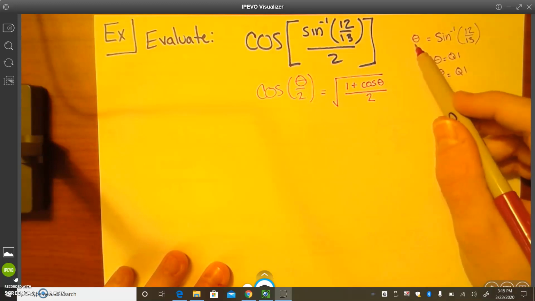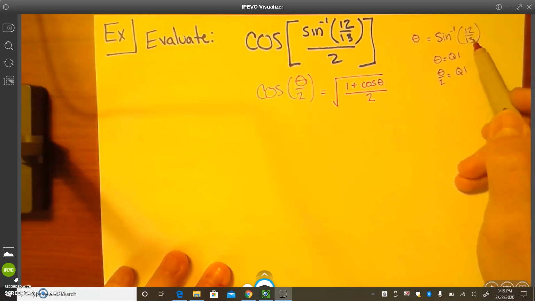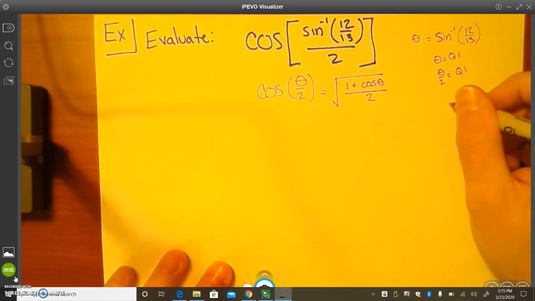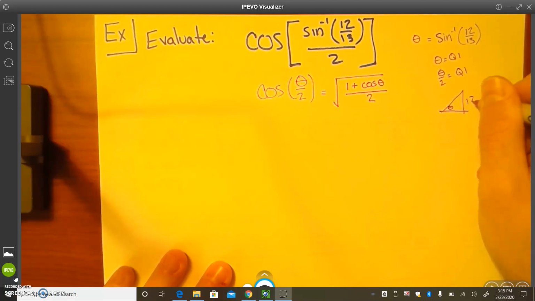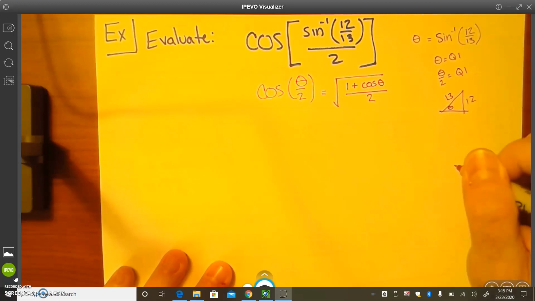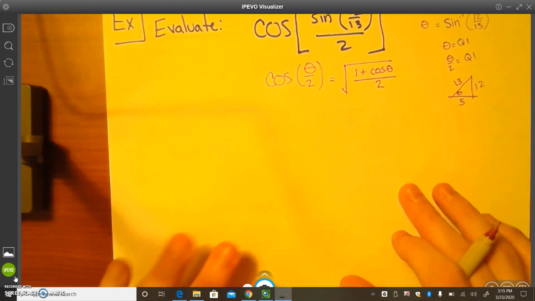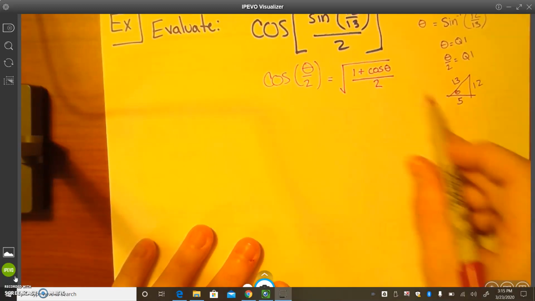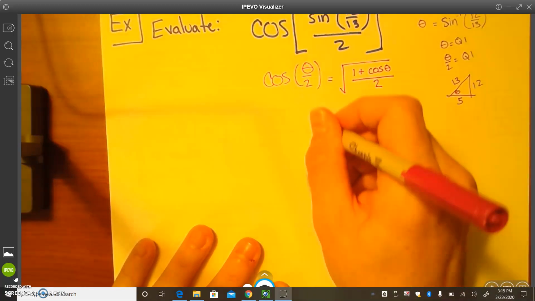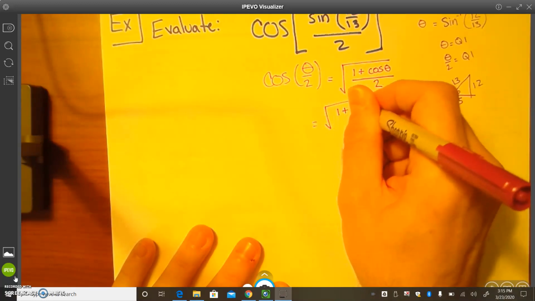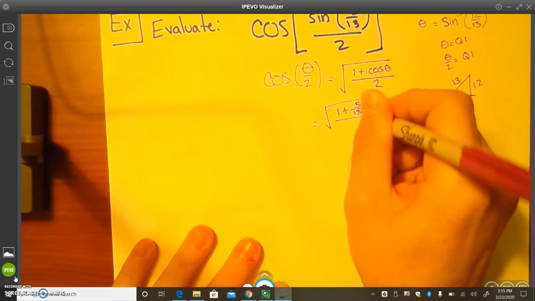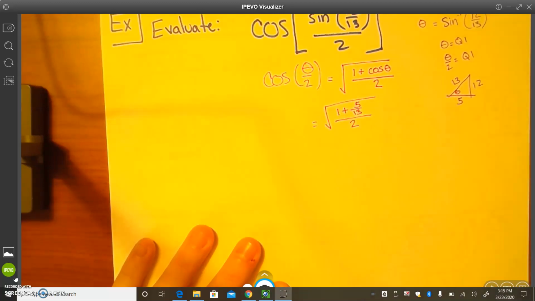Well, what do we know about theta? We know it has a sine value 12 over 13. So we can set up a triangle. I chose a very nice ratio here, 5, 12, 13. And now we can plug in the cosine ratio from that triangle, and we get 1 plus 5 over 13 all over 2, all inside of my square root.